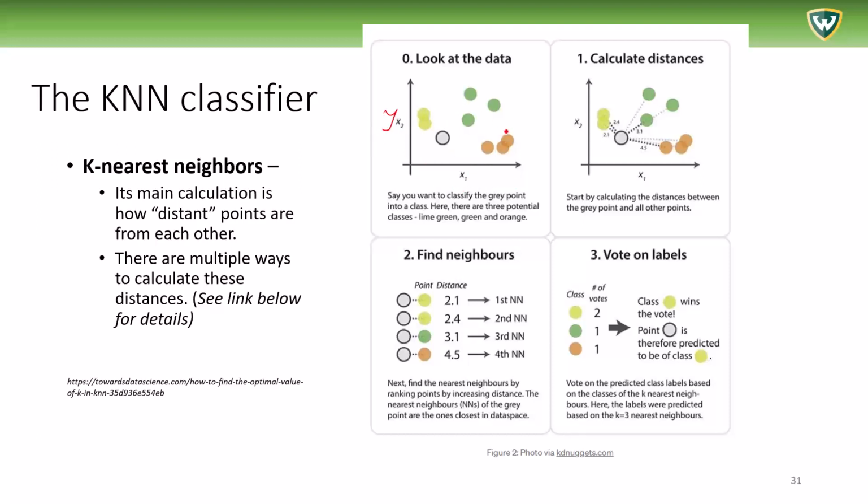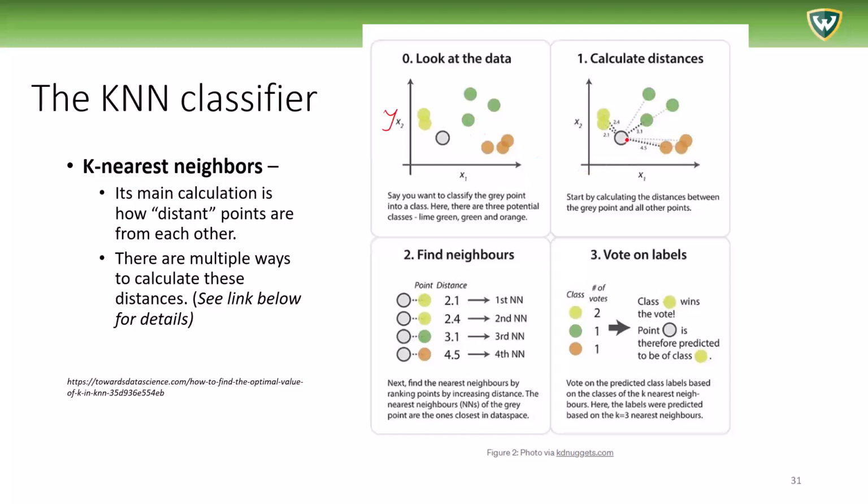The points on the high x and low y are associated with orange. Here it's medium to high x and high y associated with green, and here medium y associated with low x. And we have a new item. We don't know what this is, but which group is it part of?